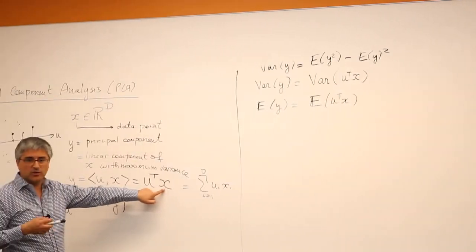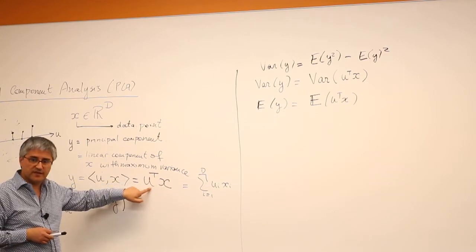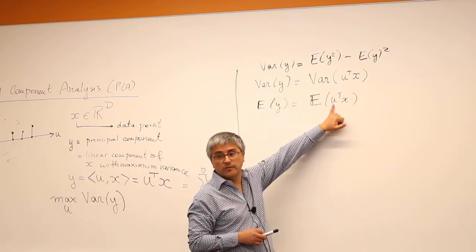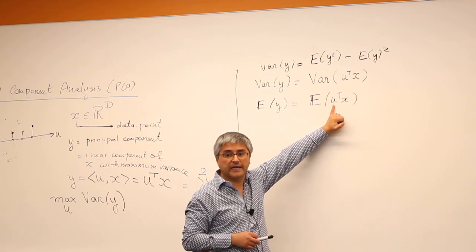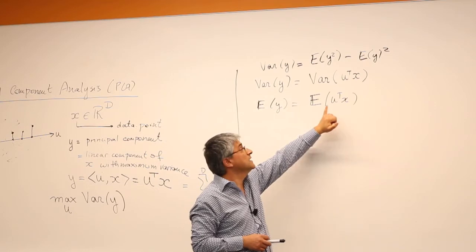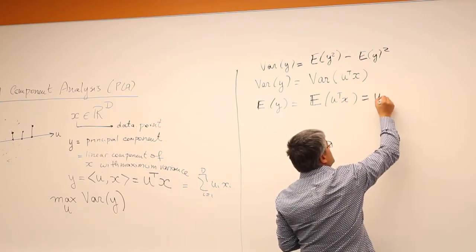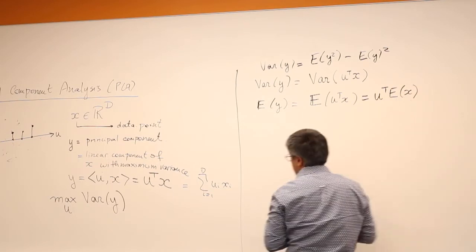X is random, it represents the data, but it's any random choice. But u is fixed, okay? So what can I do with this u? I can take it outside, right? Expectation is linear. So this is the same thing as u transpose expected value of x. Agreed?